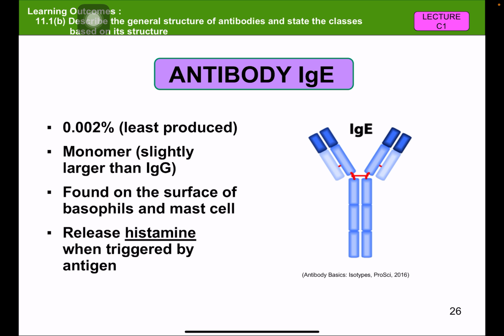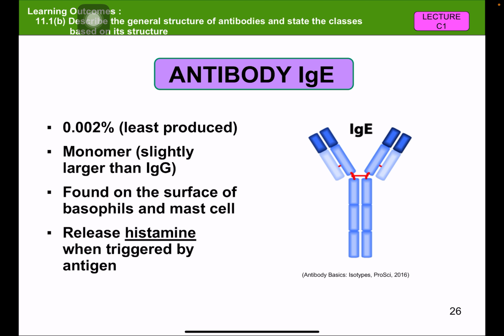Our last antibody is the IgE. It's the least produced, about 0.002%. It is a monomer, but slightly larger compared to IgG. It can be found on the surface of the basophils and also the mast cell.